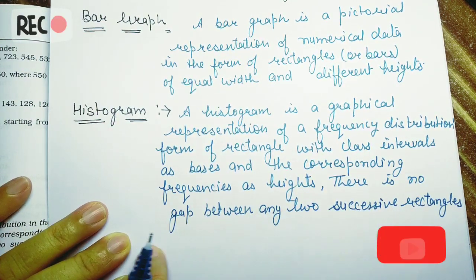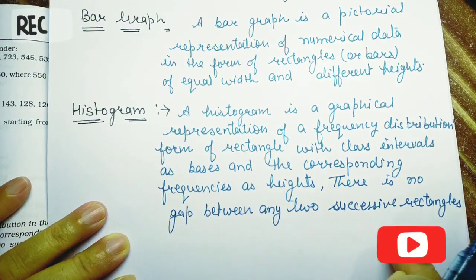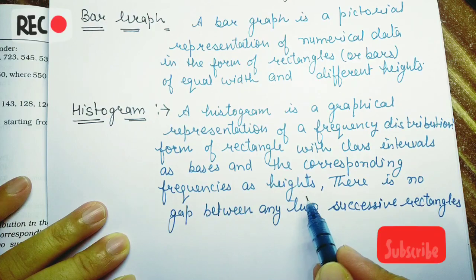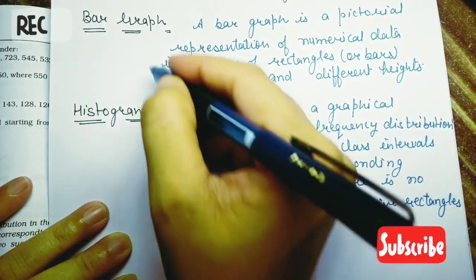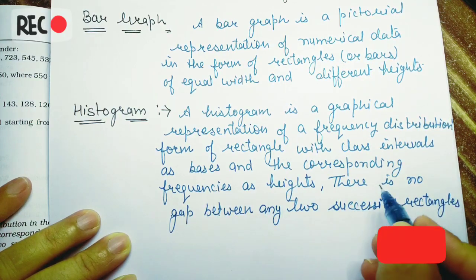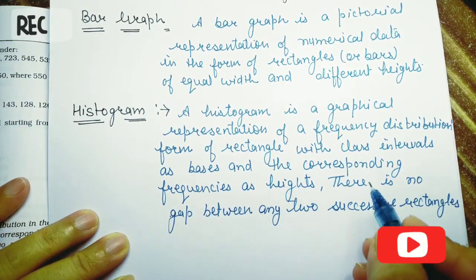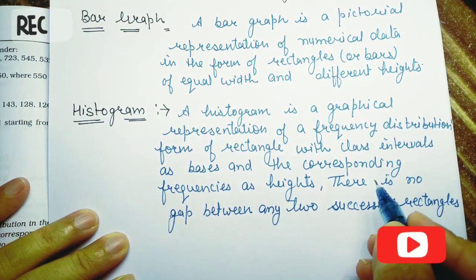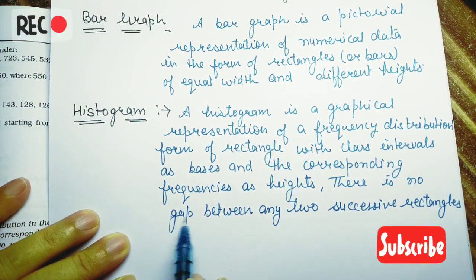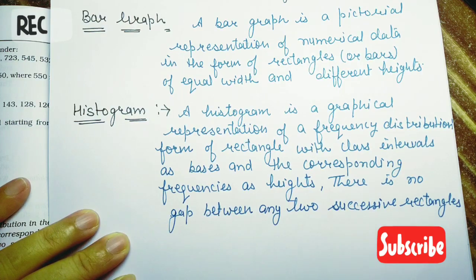That means we show the class interval on the x-axis and the corresponding frequencies as height. That means frequencies we show on the y-axis as the height of the graph. And students, in a bar graph we keep a gap between two bars, but in a histogram there is no gap between any two successive rectangles.